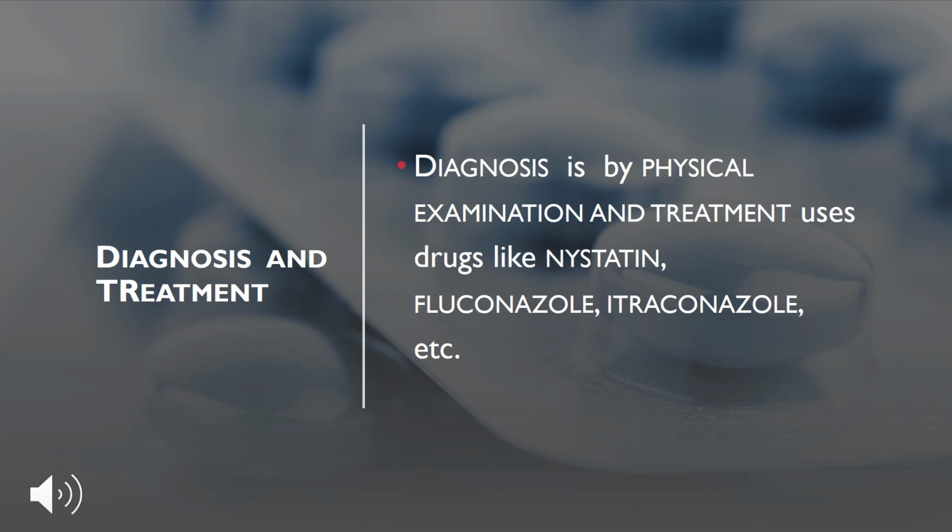If you observe a red patch on the skin which is causing inflammation or intense itching, that is the sign and symptom of ringworm. By physical examination we can come to know whether a person is infected with that fungus. Treatment can be done by using drugs like nystatin, fluconazole, itraconazole, etc.